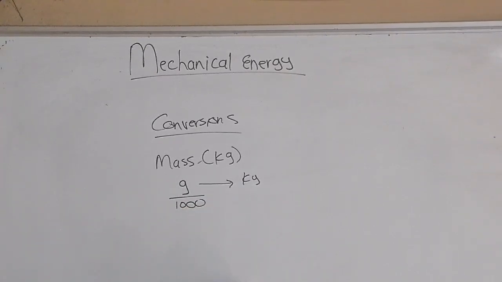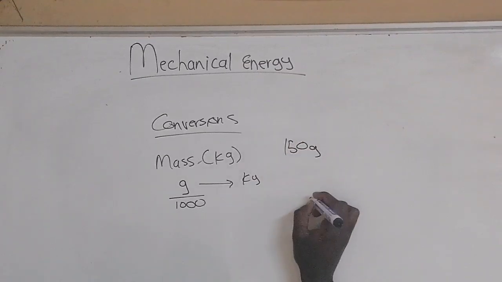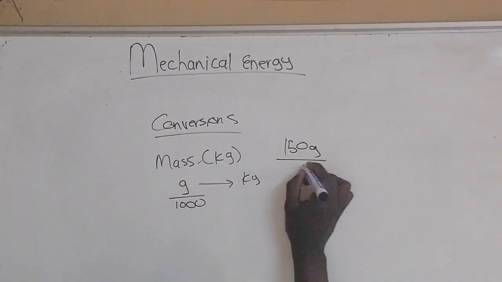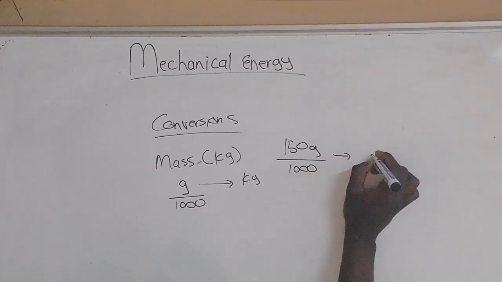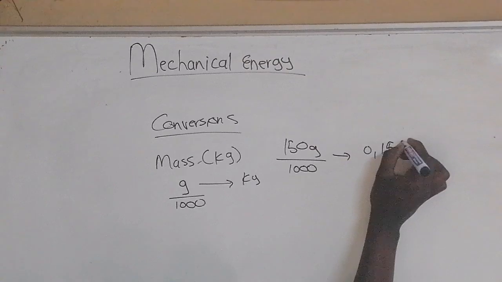I don't know if you understand. For an example, let me say we have 150 grams. To convert 150 grams to kg, you punch in your calculator, and you will have 0.15 kg.